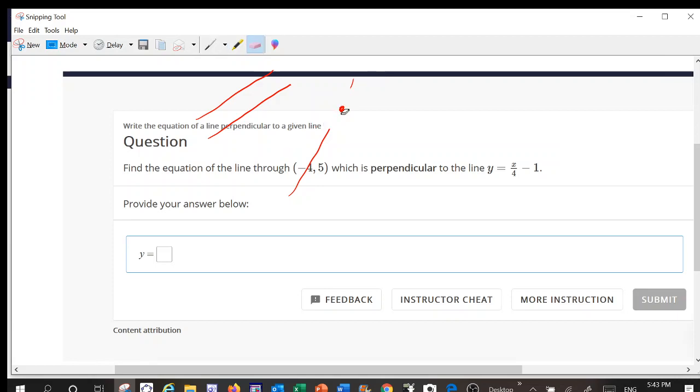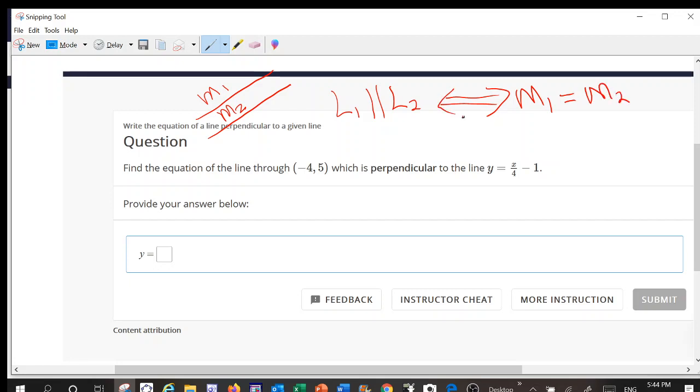So in order for them not to intersect, they have to have the same rate. If this has a slope of m1 and this has a slope of m2, they have to be equal. So if L1 is parallel to L2, then m1 equals m2, and the other way around. If two lines are parallel, then the slopes are the same.